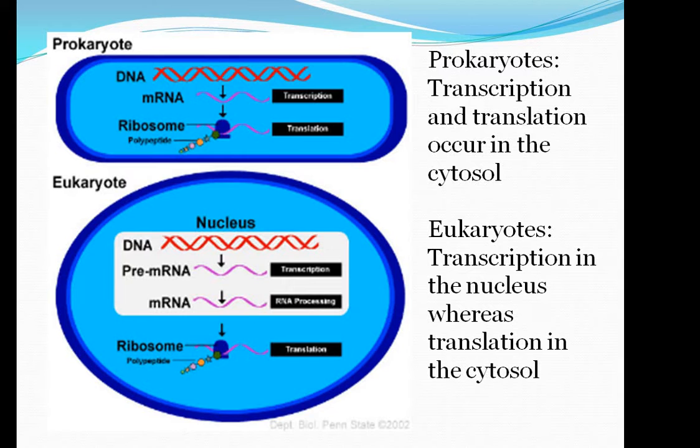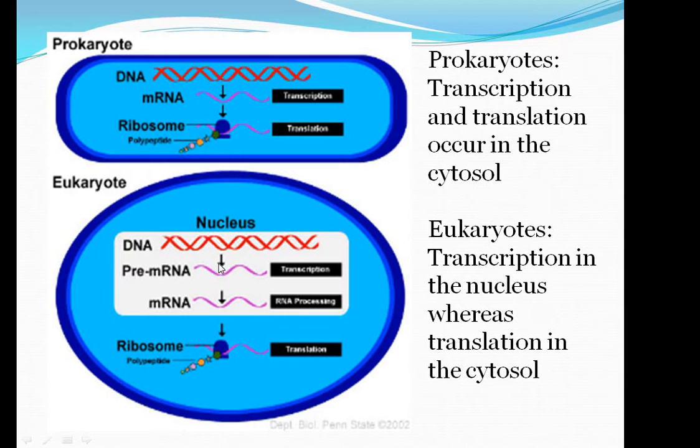But in the case of eukaryotic cells, transcription takes place in the nucleus, while translation is in the cytosol. In eukaryotes, you can see here, this is the nucleus, and the double helical DNA structure undergoes transcription, and this is the RNA processing.